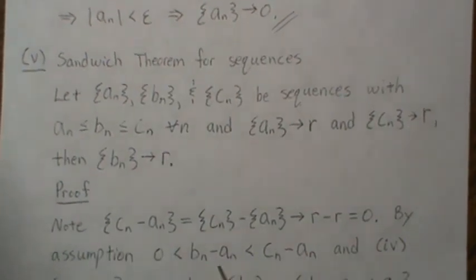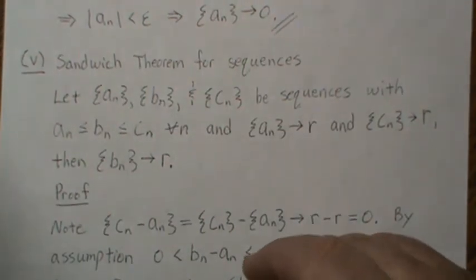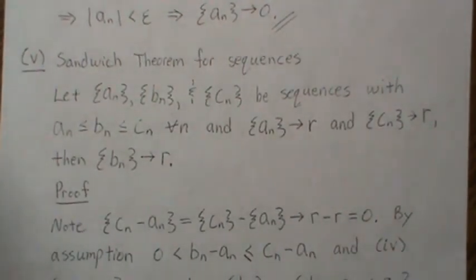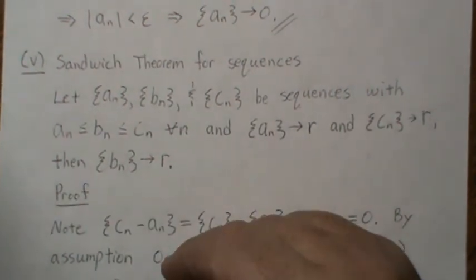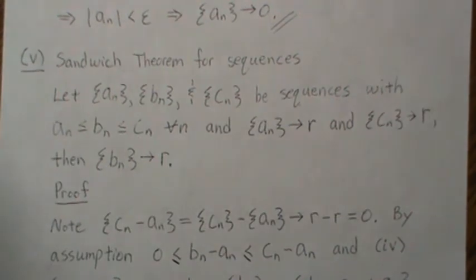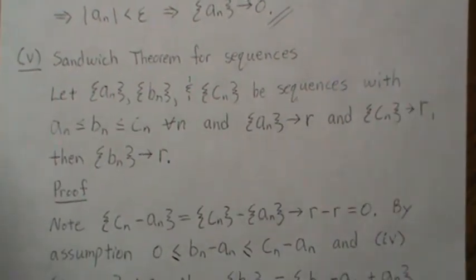Now, by assumption, b_n minus a_n is a little bit smaller than c_n minus a_n, and since they can all be equal, that needs to be greater than or equal to something. Now, by property 4, the sandwich theorem for null sequences, because we fit into that, we showed that this converges to 0.